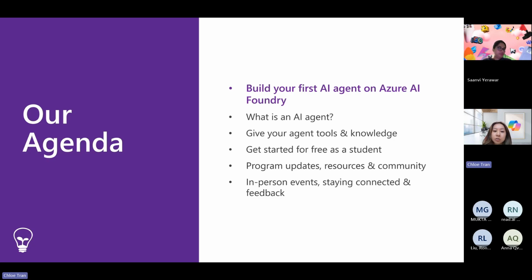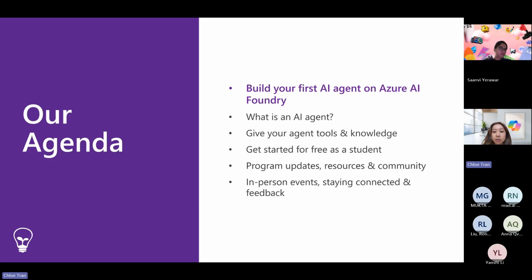She'll discuss a little bit more around the configuration, around agent tools and knowledge, how to get started as a student, and also some additional resources that you can use post this session. We've got a lot of feedback from students to have a more technical session. So if you do have a technical background, this would be highly relevant for you. We also do run other sessions that are a little bit less technical and more career focused, but we're getting feedback from students they'd like a technical session. So that's what this session will be about.